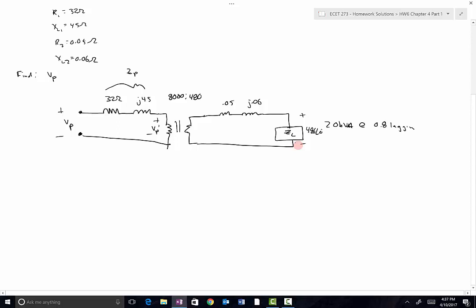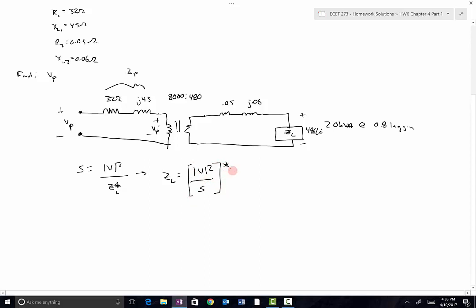I can determine ZL prime from the relationship that S in the load is equal to the magnitude of the voltage across the load squared divided by the complex conjugate of ZL, so ZL star. I can solve this for ZL: ZL is equal to magnitude of V squared over S, and then we need to take the complex conjugate of that.